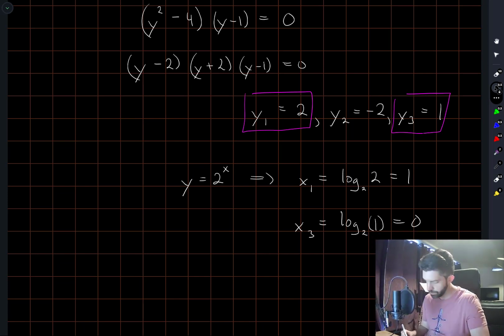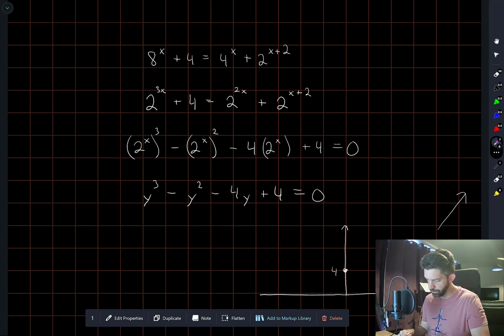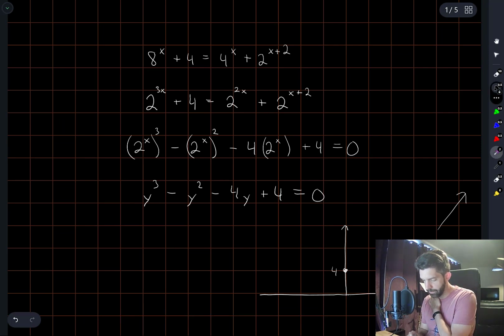Okay, so let's just check that these are in fact solutions, 1 and 0, to the original equation. If I plug in 0, on the left I get 5, and on the right I get also 5, so that works. And if I plug in a 1, on the left I get 12, on the right I get 12.